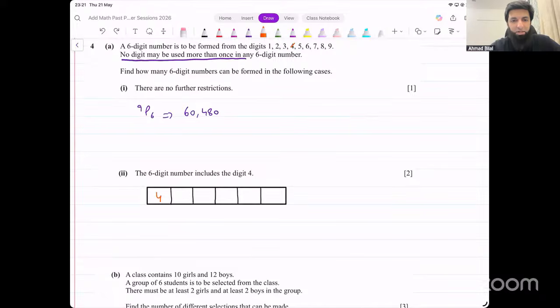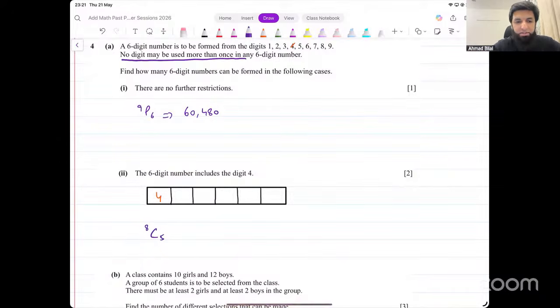We want 5 more digits to make it a 6-digit number. So what you can do first is you can select which 5 digits are going to be there. How do we select? 5 digits out of 8 digits, not 9, sorry. 8C5. 8P5 is not going to work. I'll tell you why. It will be 8C5 first of all.